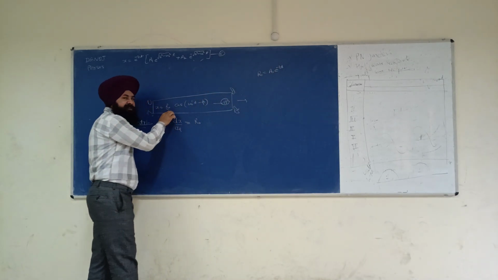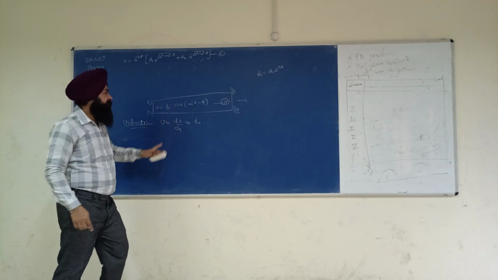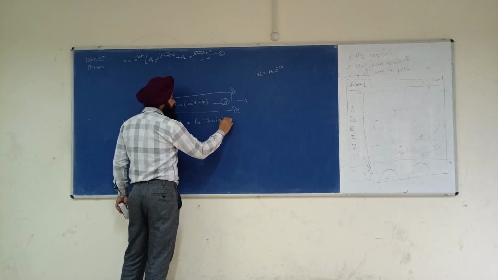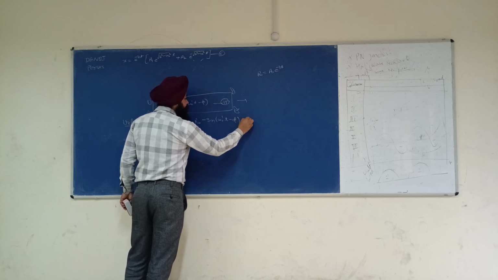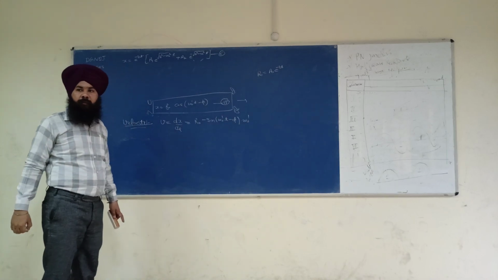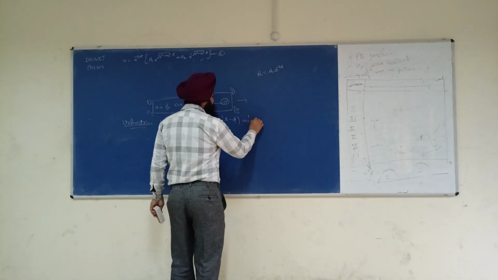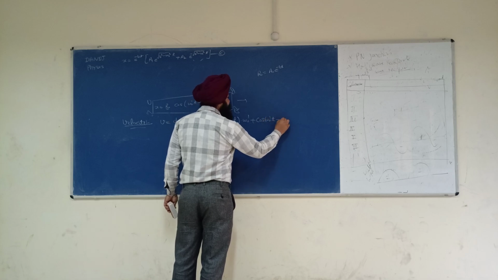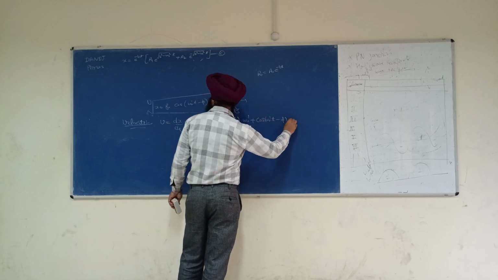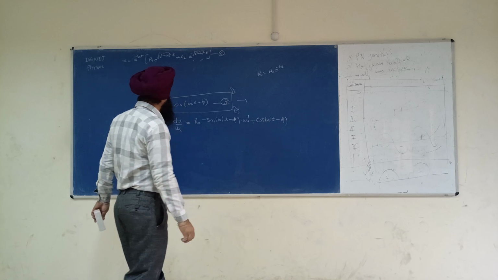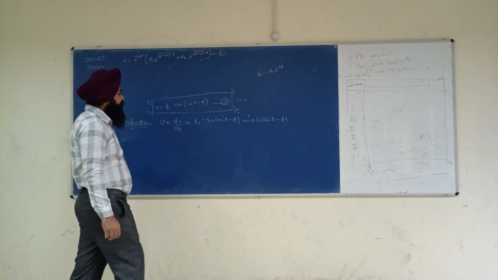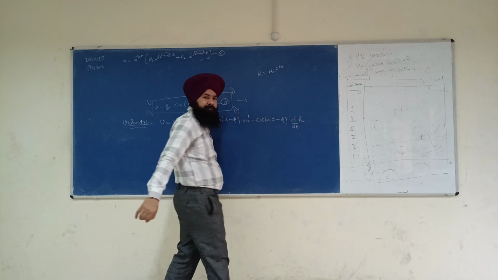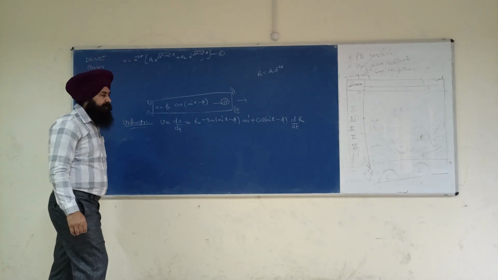For r naught, take this function as a constant and take the derivative of the other: minus sin of omega naught prime t minus phi, into omega naught prime, plus cos of omega naught prime t minus phi into d r naught by dt.